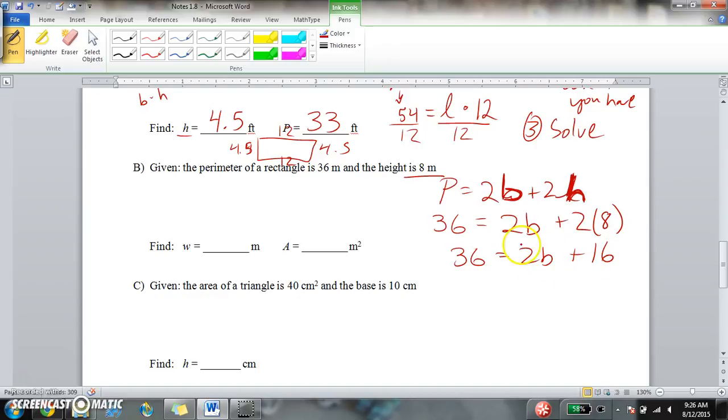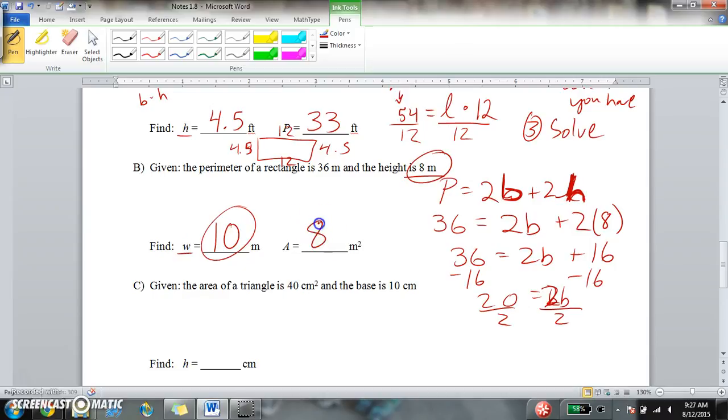Solve for B, or here it tells you W, width, base, same thing. Subtract, 20 equals 2 times the base, so divide by 2, this would be 10. Now the area, so take your base times your height, or length times width, whatever you want to call it, 8 times 10, 80.